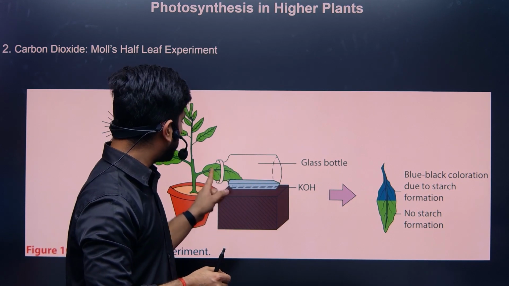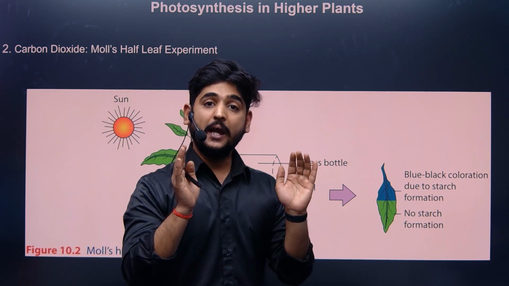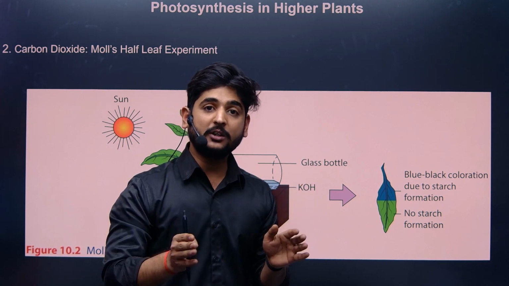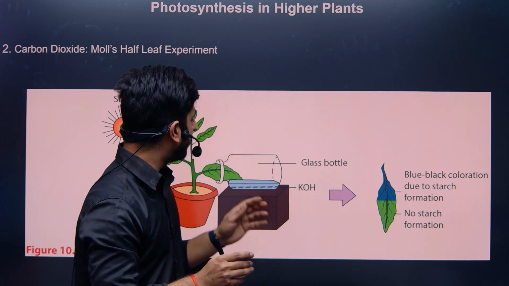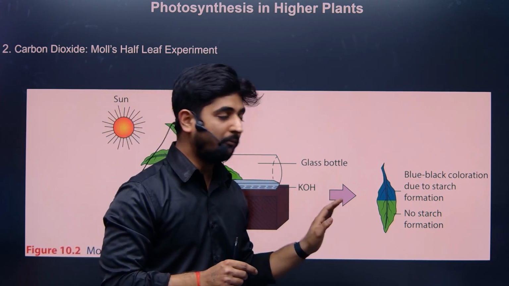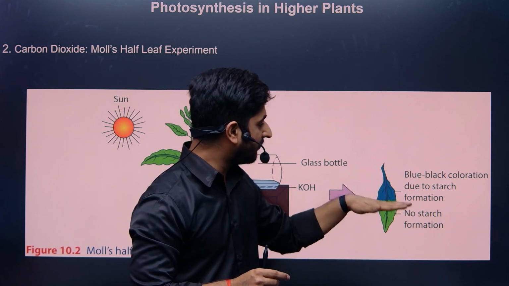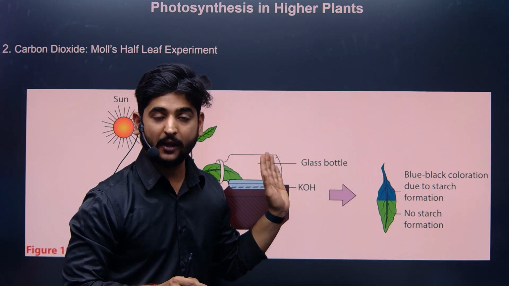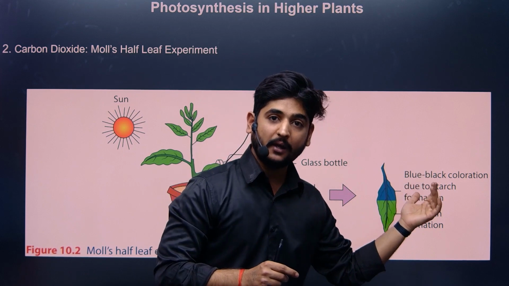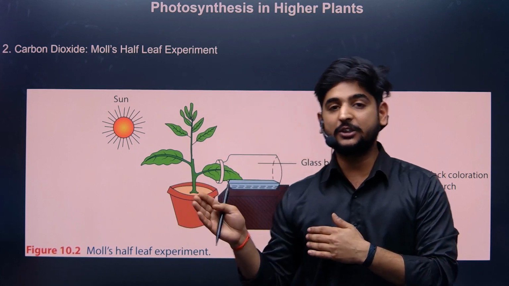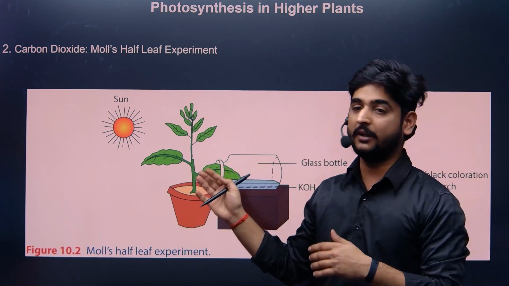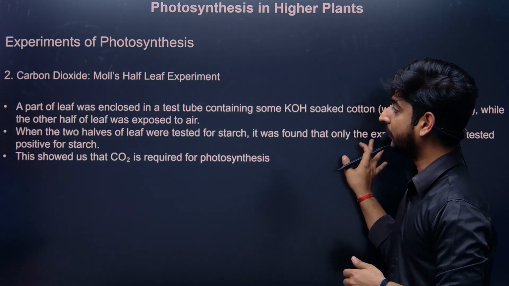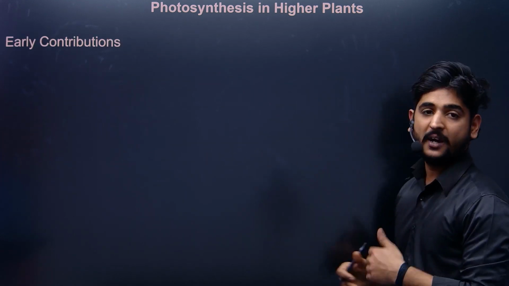Therefore, this part of the leaf will not be able to do photosynthesis because of the unavailability of carbon dioxide. So this time when we do the starch test, the half of the leaf that had access to carbon dioxide will give us blue-black color, whereas the half which does not have access to carbon dioxide will not give us blue-black color. So this was your Moll's half-leaf experiment.